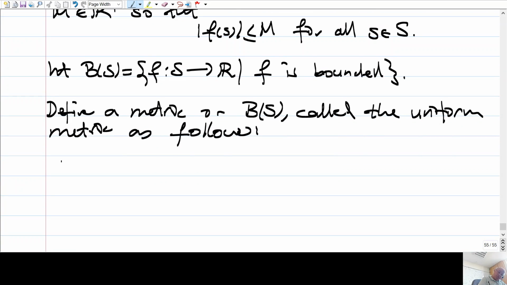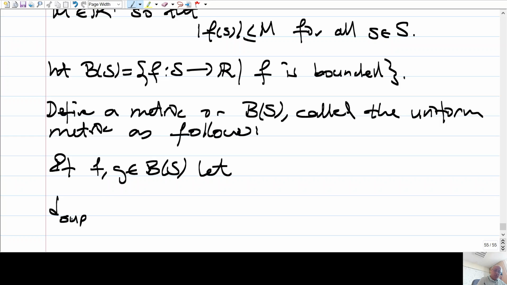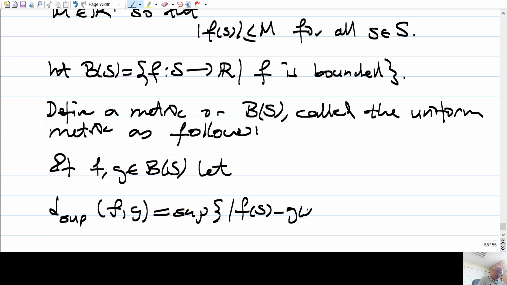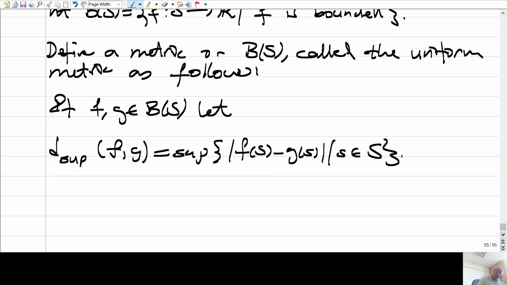If f and g are bounded functions, the uniform metric, which I usually write as d sup, is the distance between f and g, just the supremum of |f(s) minus g(s)|, right? These are real valued functions, so I can always take this difference and take the supremum over s. You see, f and g are bounded functions.